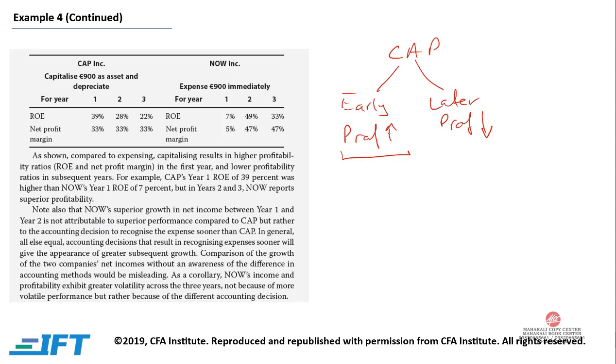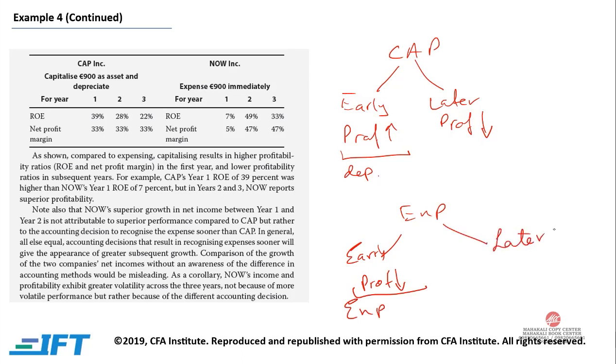Earlier the profitability is higher because we are not expensing the entire amount, but instead we are capitalizing, and the amount that is being deducted is depreciation. Now if we are expensing it earlier, the profitability would be low because of the huge expense, but in later years there is no expense, hence the profitability goes up.